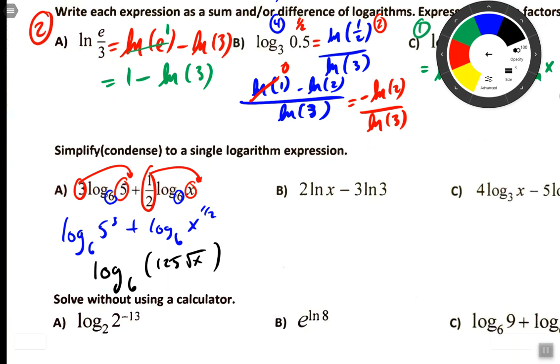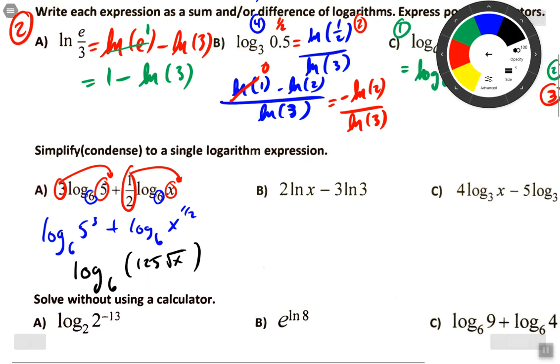In property 1, if they're added, that means when I compress them, when I'm simplifying, I'm mushing it together, so that means I'm multiplying them in the argument. So when you go from right to left, you multiply? See how if the logs are added, I'm going to multiply the arguments. Write that down. It's written right here, read the words.